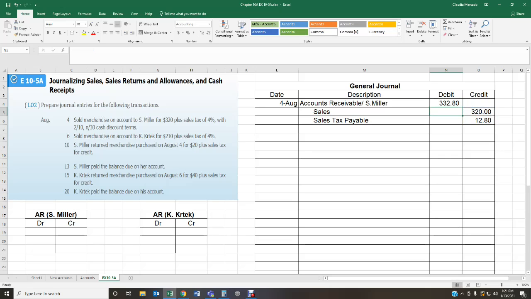I'm going to add those together, and that gives me $332.80. Okay. When Miller pays me, he has to pay me the $320 of the merchandise, and he also has to pay me $12.80 of the tax. So I'm going to set up a receivable for $332.80. That is how much money I am going to collect from Miller. Okay. And then we're going to put a description. We made a credit sale.